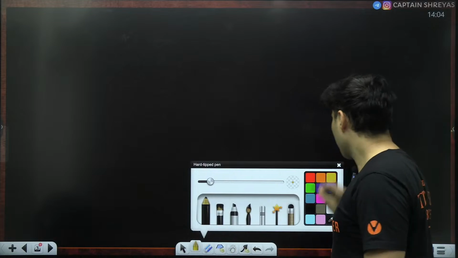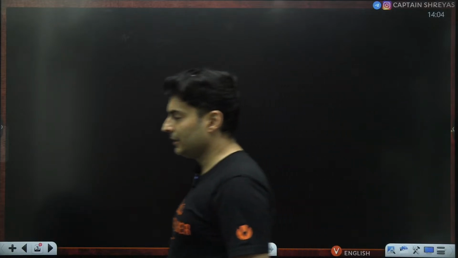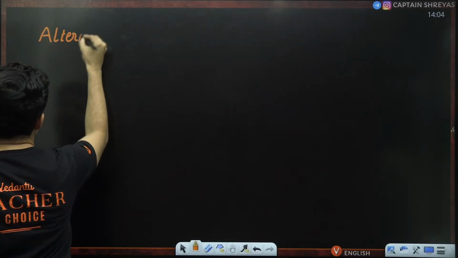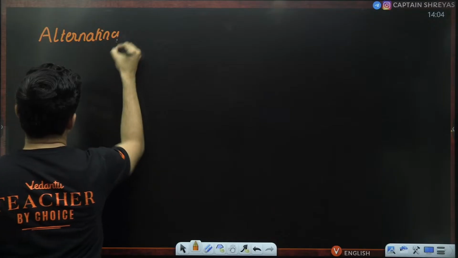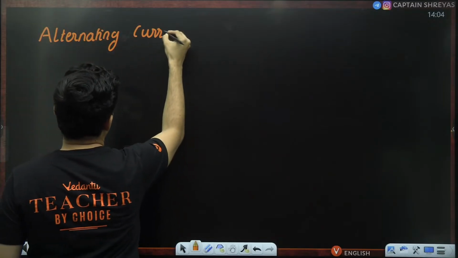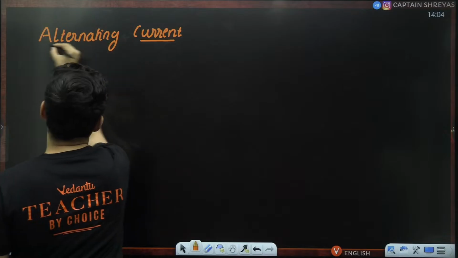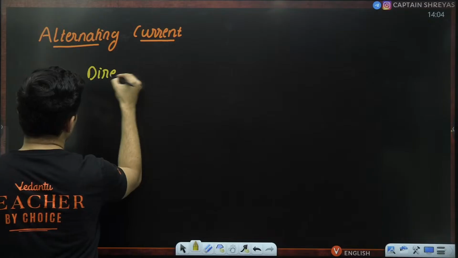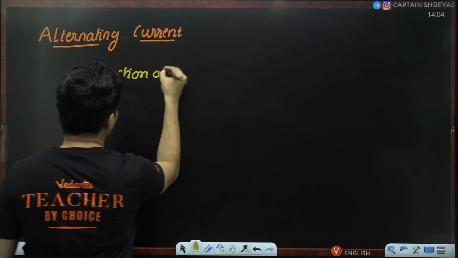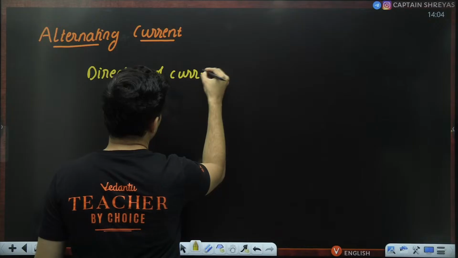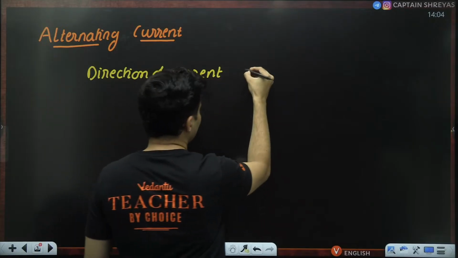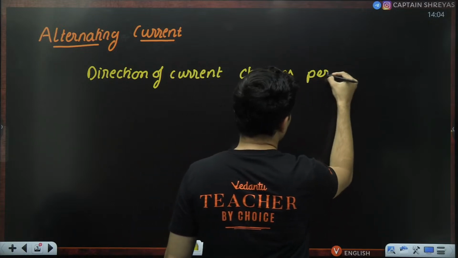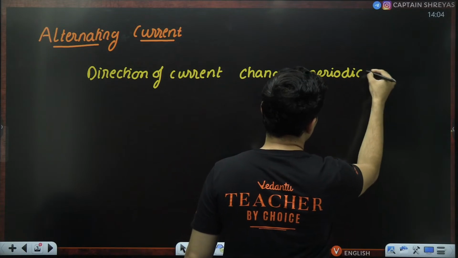So, to talk about alternating current, when I say alternating current or voltage, what I mean is basically the direction of the current changes periodically.